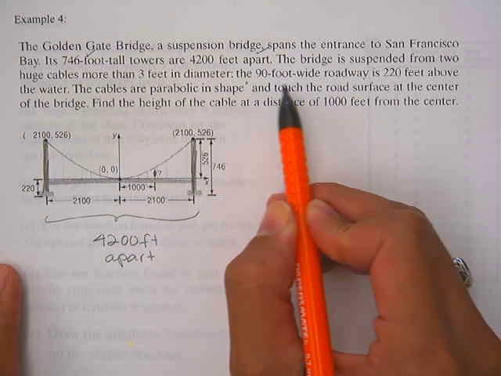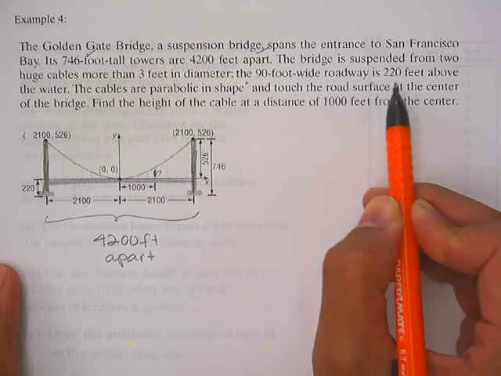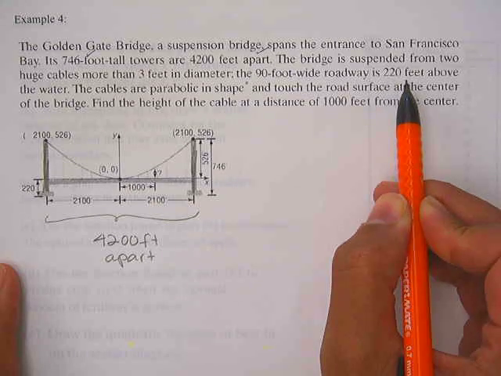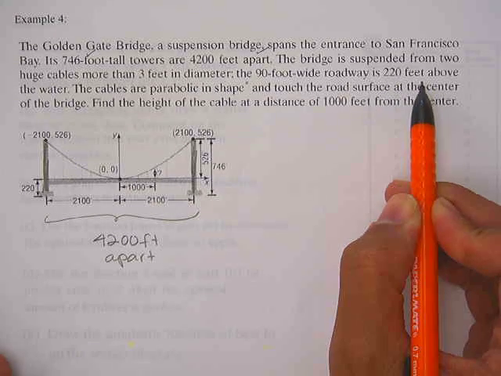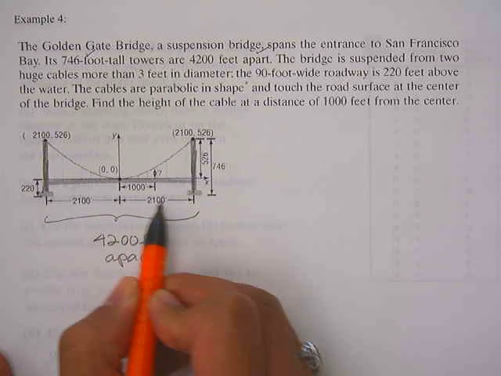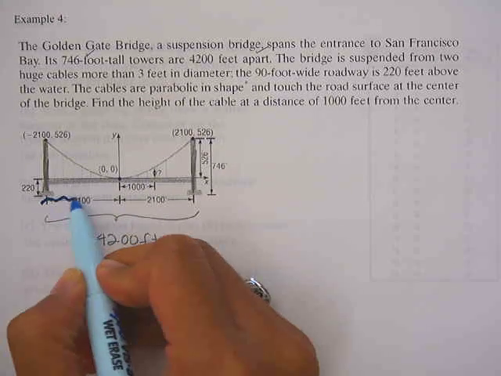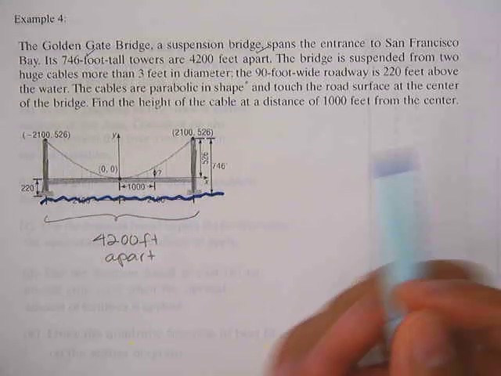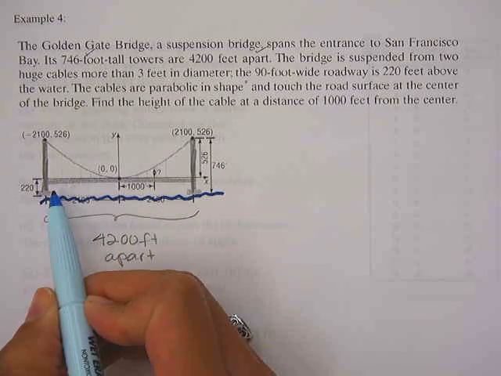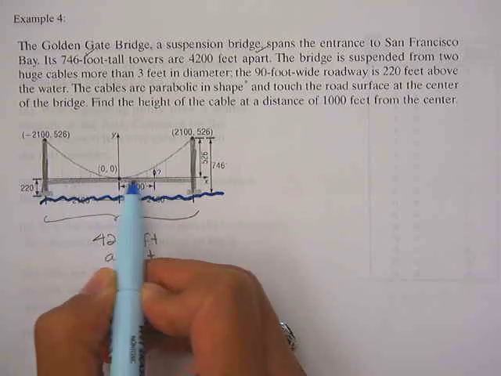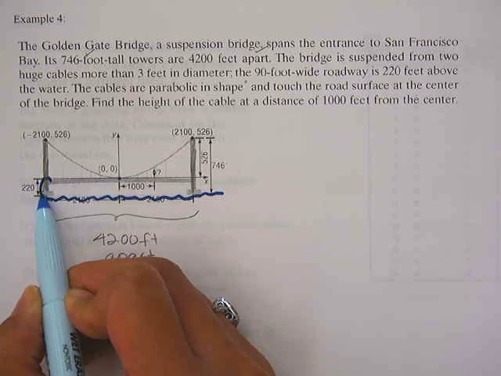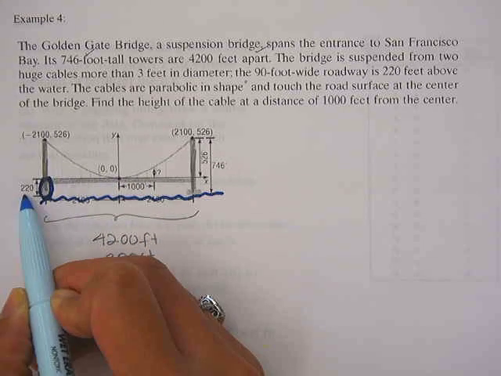The 90-foot wide roadway is 220 feet above the water. So this piece I might need. Here's the water right here, which let's give it blue. And it says a road is right here, and the distance from the water to the road is 220 feet.